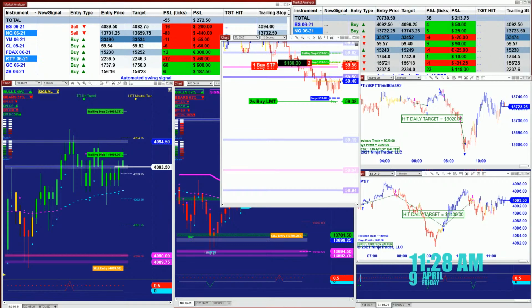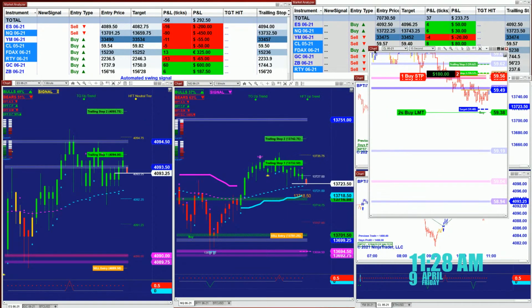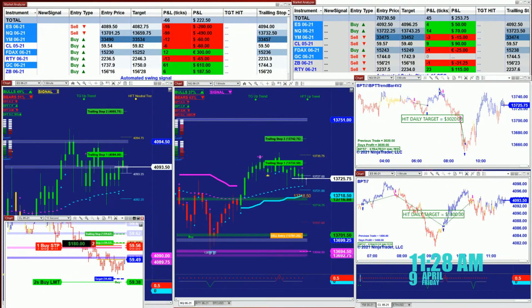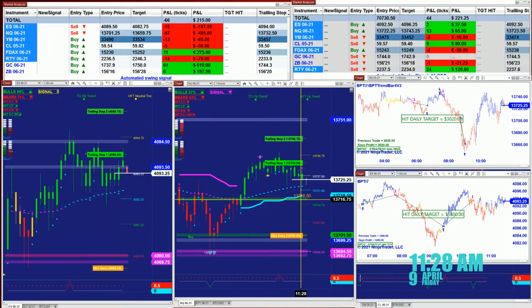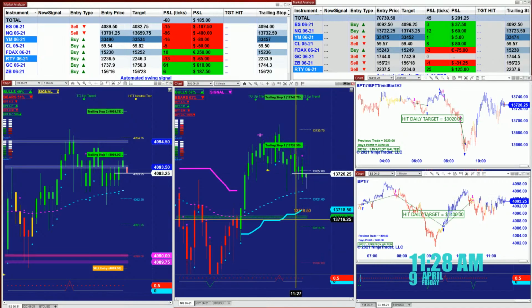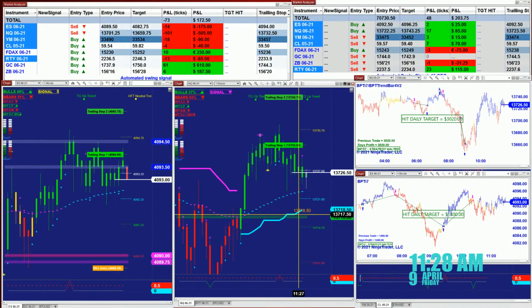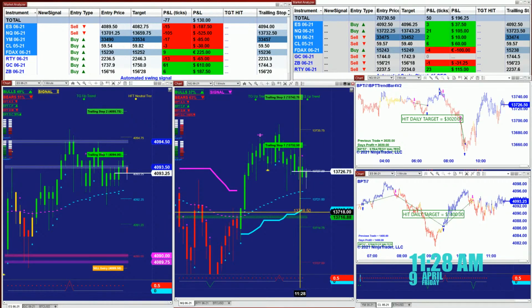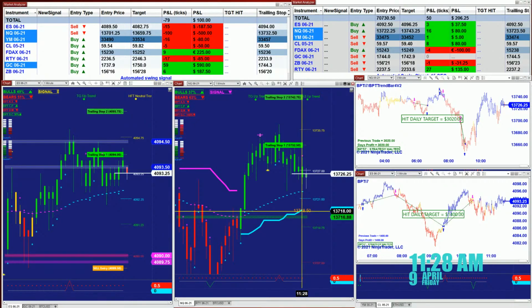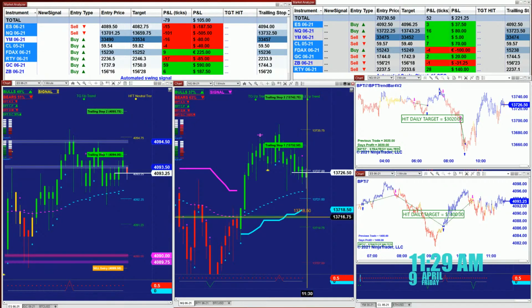and you can see right now, we still don't have a trade on the NASDAQ, by the way. The re-entry point on the NASDAQ is right there, 137.18, and that's the only re-entry long we have.